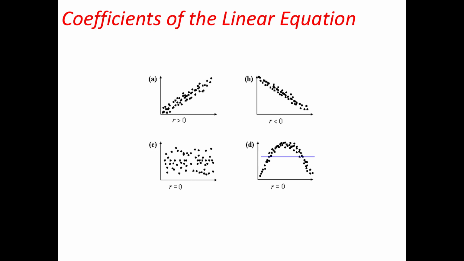Pay particular attention to graph D, which shows an example where x and y are related, but not linearly related. In other words, the correlation is 0, but it's obvious to see that the values between the x variables and the y variables are highly related. It's just not in a linear fashion.